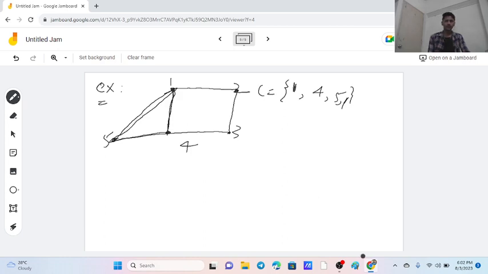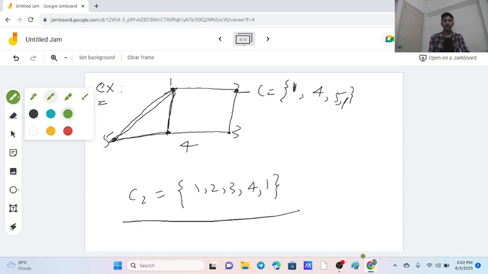Okay, one cycle. Another cycle here is C2, which is 1, 2, 3, 4 and 1. So here you can see this is also a cycle. Why? Because its starting and end points are the same, and first of all it's a path.